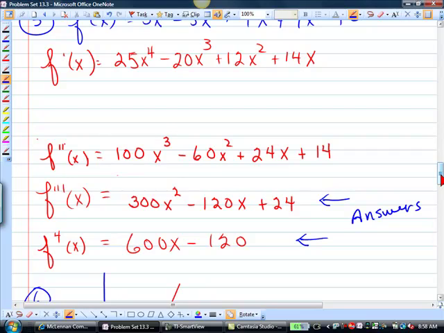Okay. All right, so that's really the higher order derivative thing. That's what we're working on for that part.